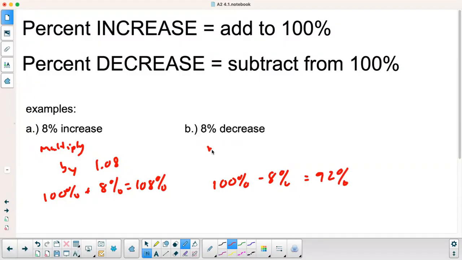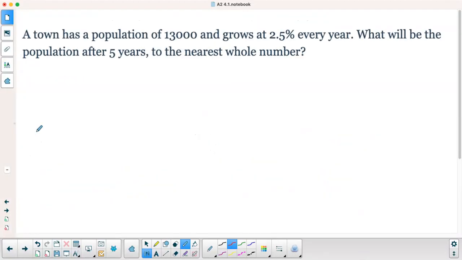So we're going to multiply by 0.92. Okay, so make sure you understand that. A lot of people want to multiply by 0.08, but that's not correct.